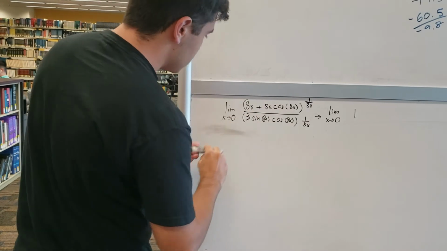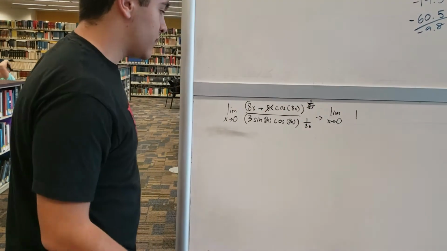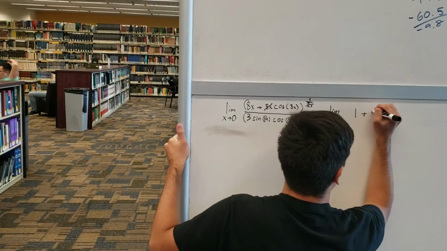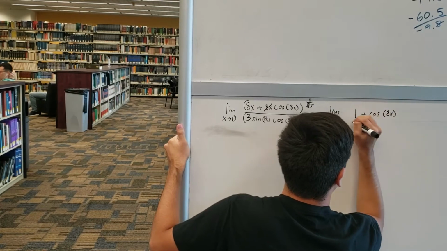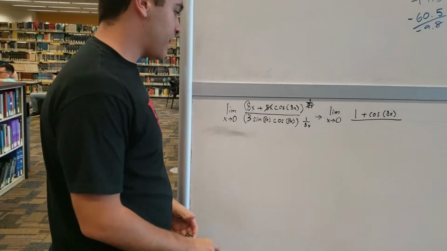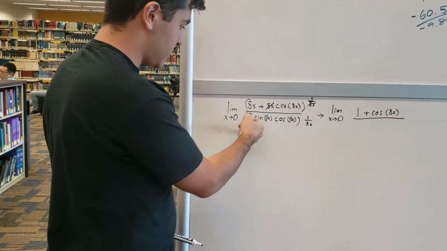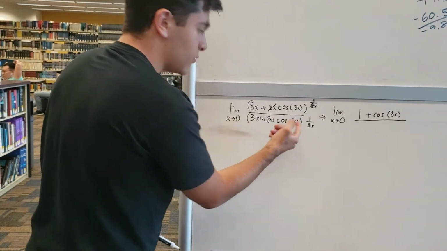Those 8x's cancel out, so now you're just left with plus cosine of 8x. So we're done with the numerator for now. Now there's nothing that cancels out per se, so we're just going to rewrite this as this whole thing over 8x.